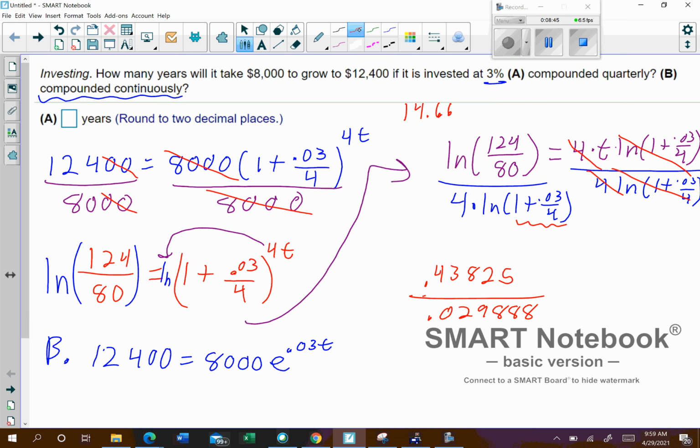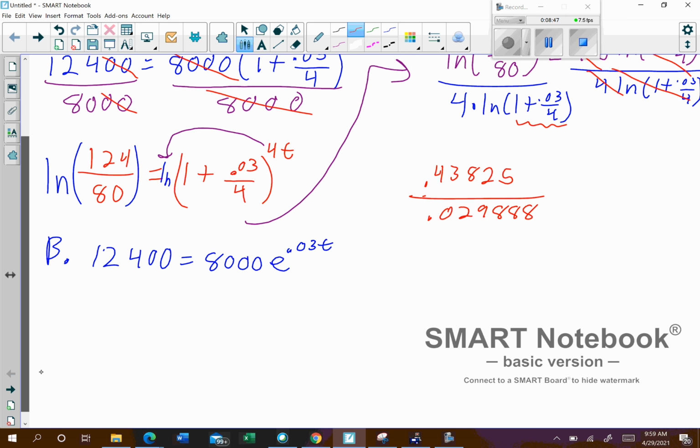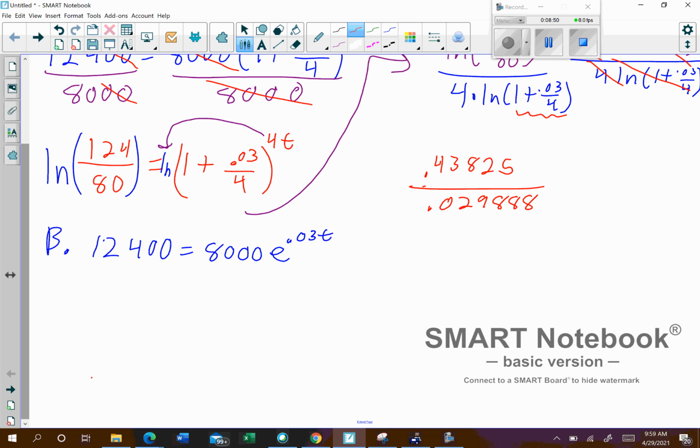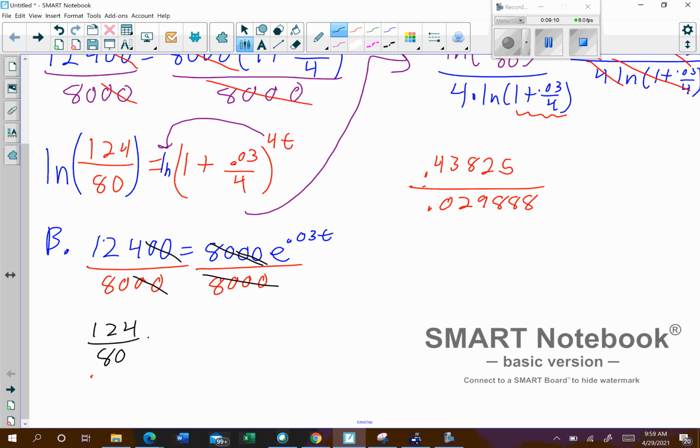We'll do the same thing to get started: divide both sides by 8,000, and cancel out the extra zeros to make it a little bit smaller. So 124 over 80 equals e raised to 0.03t.